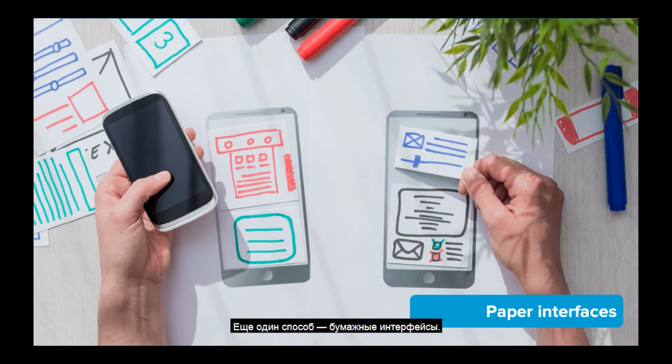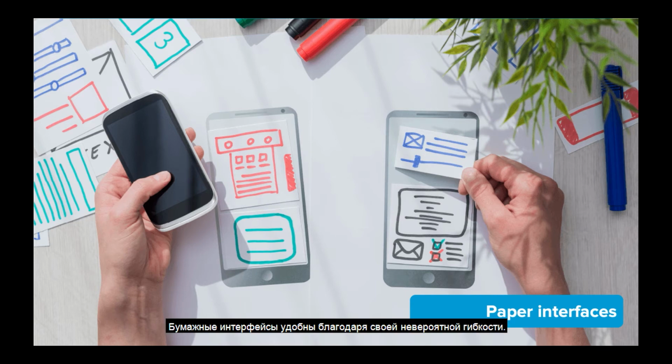Another way is through paper interfaces. Paper interfaces are made using multiple sheets of paper and sketching movable elements and interactive features on different sheets to create a more in-depth look. Digital products like mobile apps, websites, and screen-based products often require a quantity of prototypes in the run-up to the final design.